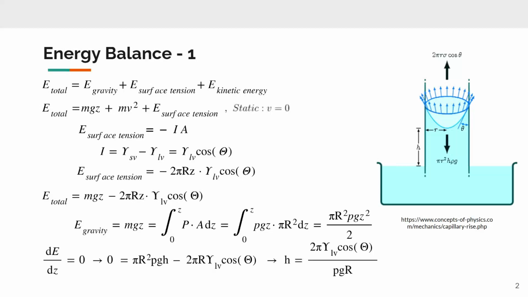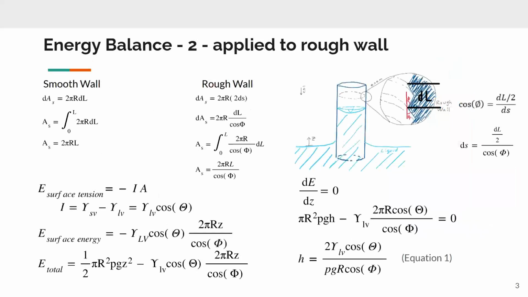After we did this and realized that this is the go-to result it should be, we figured we could go on and apply this to a rough surface. Applying that same methodology to a rough surface, we look at the area that would be calculated for a rough wall.